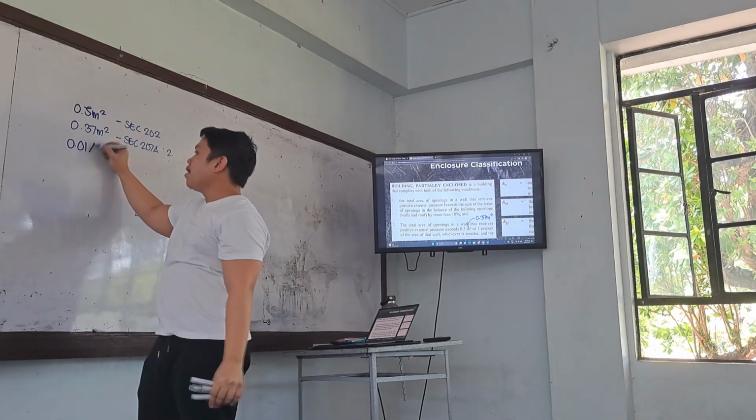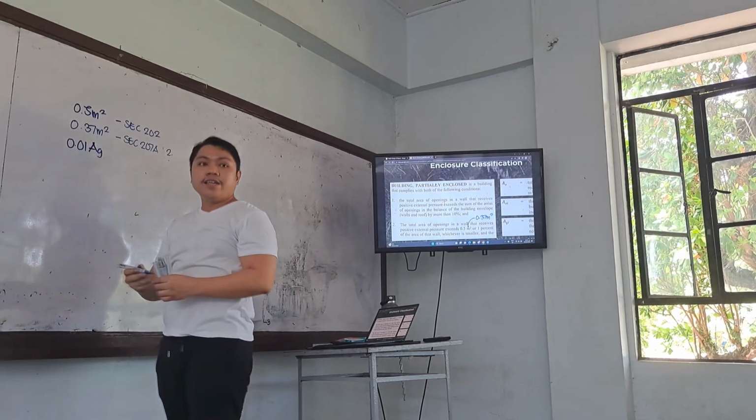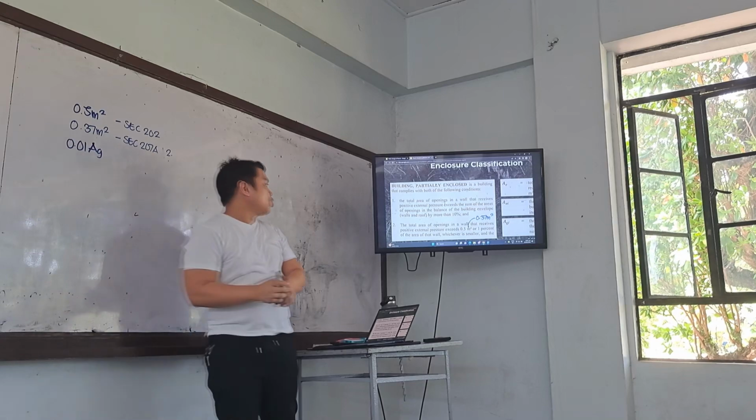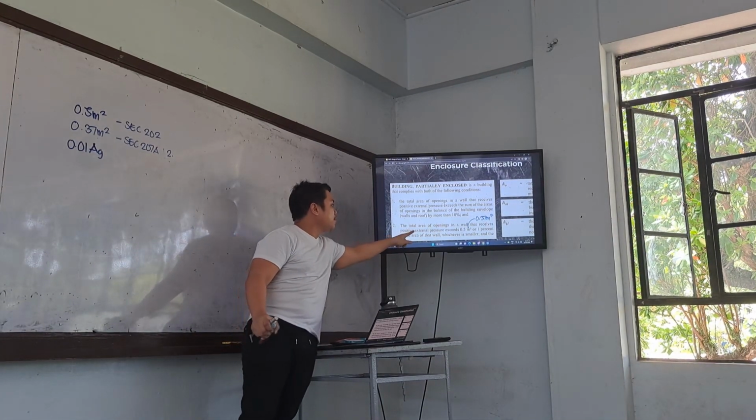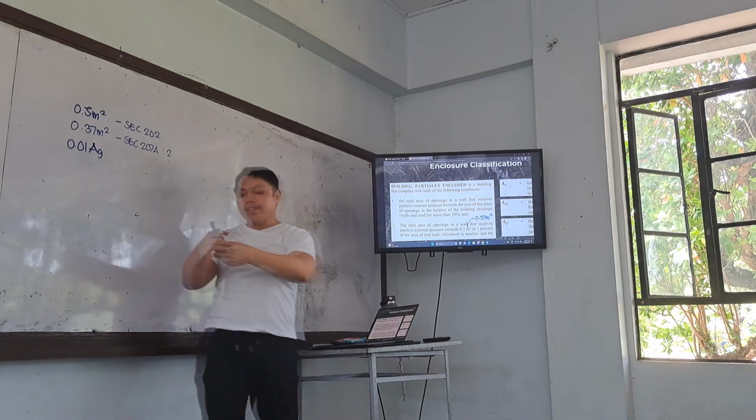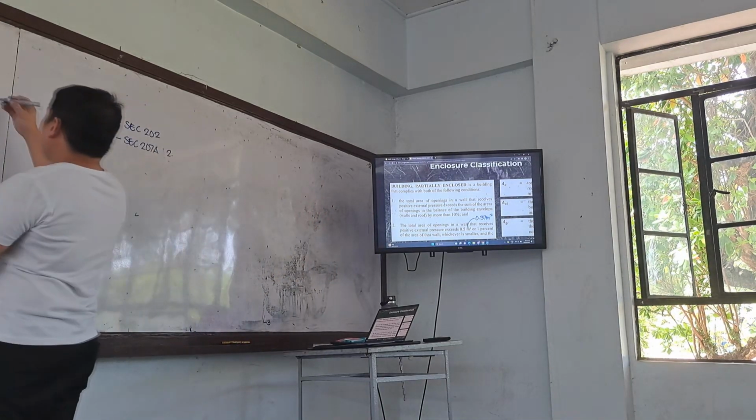This is our AG. For our condition, the total area of openings in a wall that receives positive external pressure is our AO.